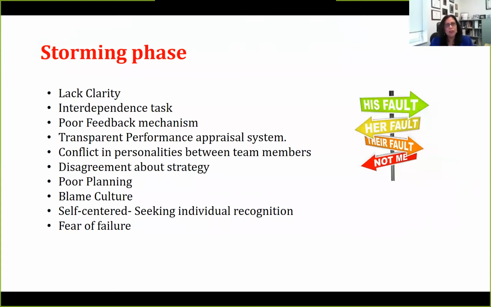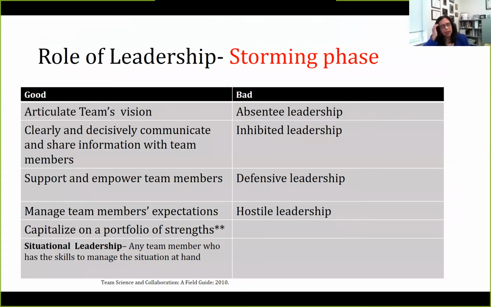Then the conflict can be resolved. I had mentioned that leadership plays such an important role, and the storming phase is another time for the leader to show their presence. This is taken from the Team Science Collaboration Guide. I may not want to expand too much on this slide, but basically a good leader is one who can articulate the team's vision.